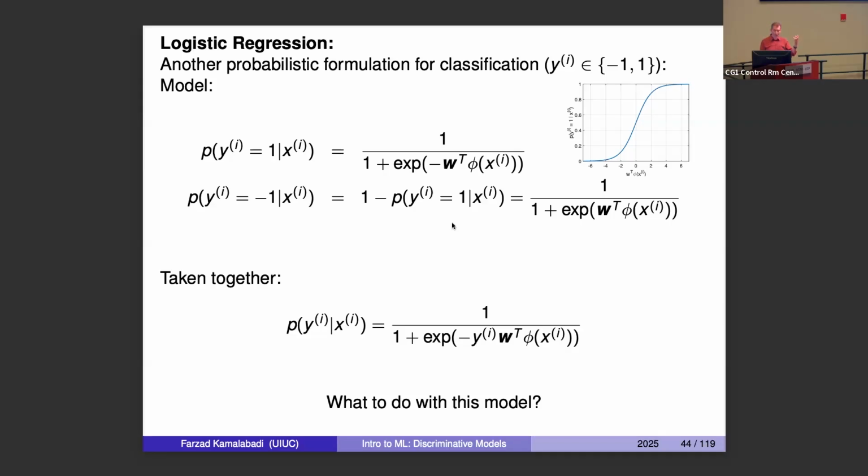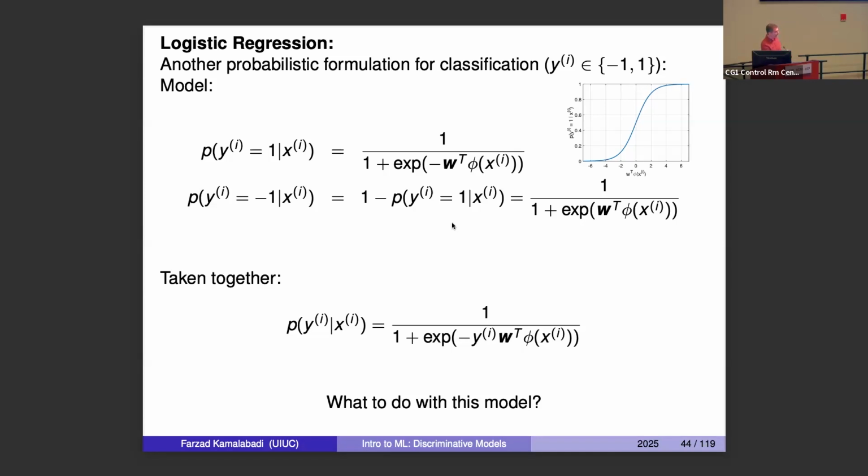And of course, you can write the expected value of that probability. And in addition to that, we pass that through a sigmoid function so that we can have this sharp transition for the cases where we have only two classes, a binary set of classes.